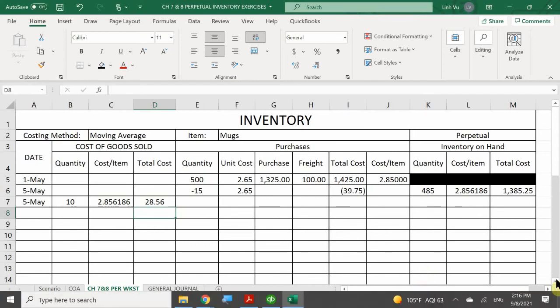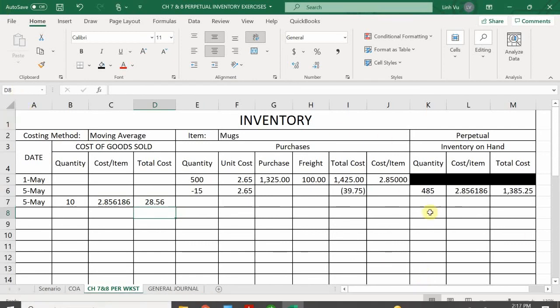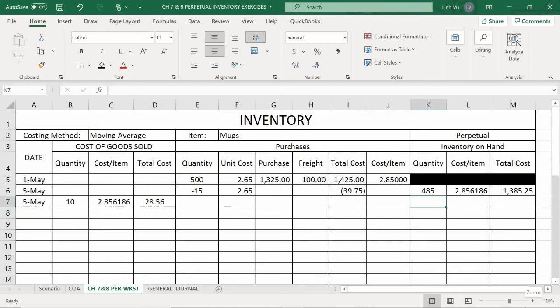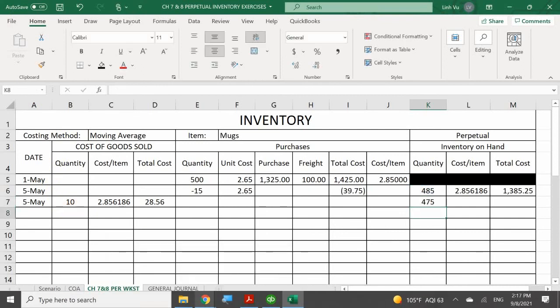Good. Because we're doing moving average, we need to update our inventory. How many items do we have left in inventory? 475.